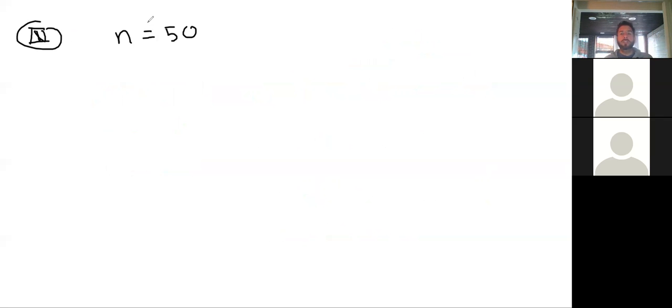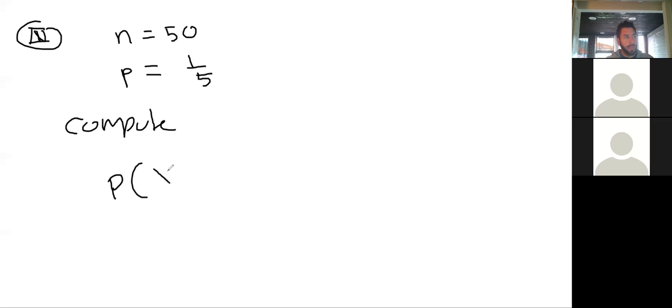And on each question on the test, you can either get it wrong or correct. And then what's the probability you guess it correct? Well, each question has 5 choices, so you have a 1/5 chance of getting it correct. And what we'd like to compute is the probability that x is greater than or equal to 35.